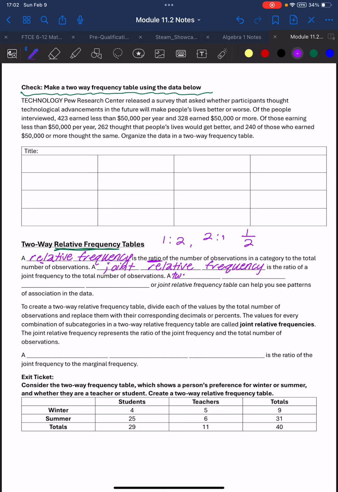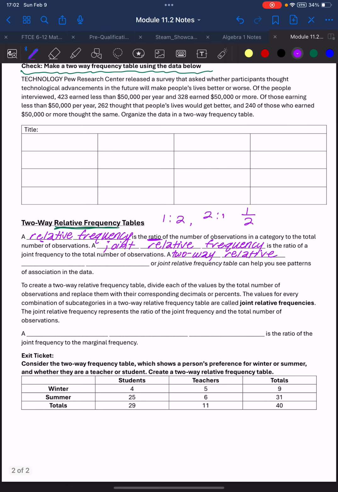So a two-way relative frequency table, the amount of something that occurs, or a joint relative frequency table, can help you see patterns of association in the data, okay? So in other words, when we look for patterns or an association, that means one depends on the other, right? You're going to have a relationship between something. Something is affected by something else, right? There's a pattern, okay?